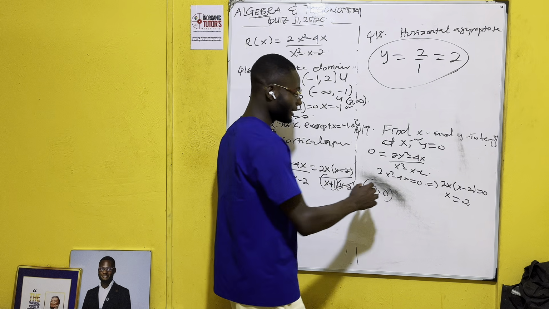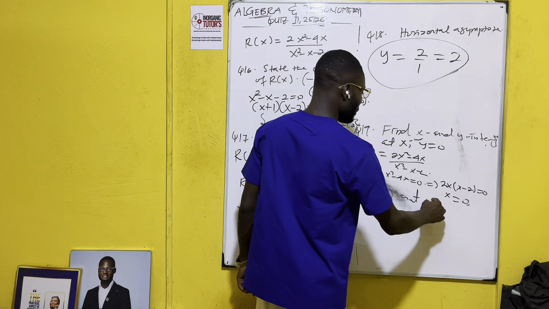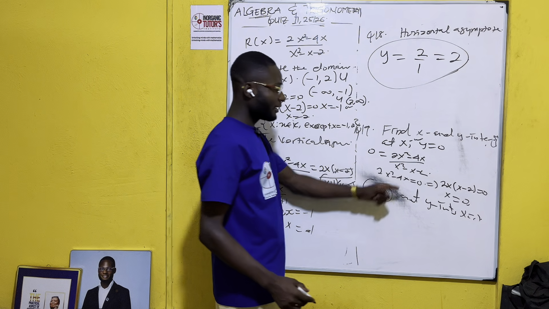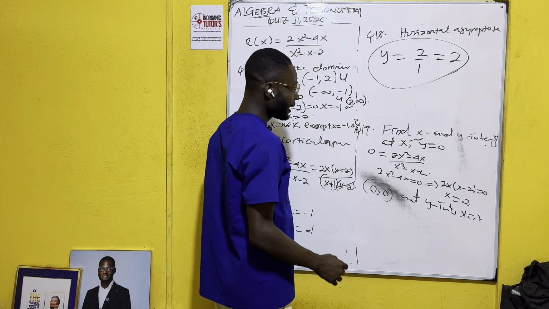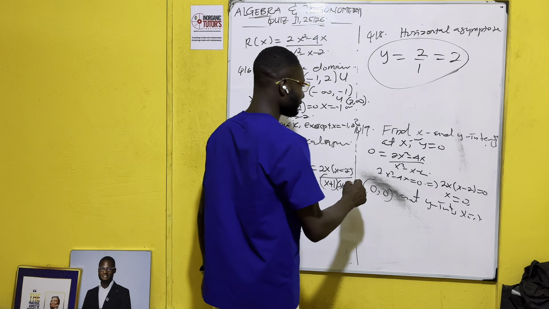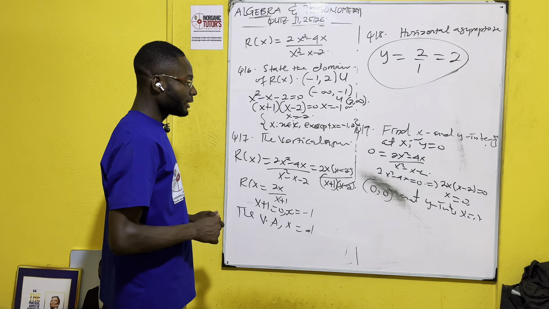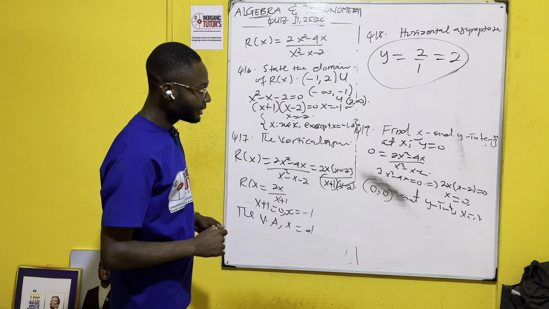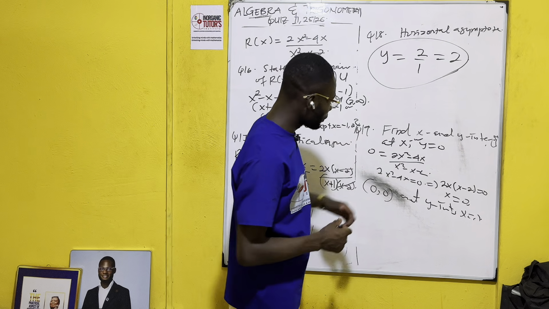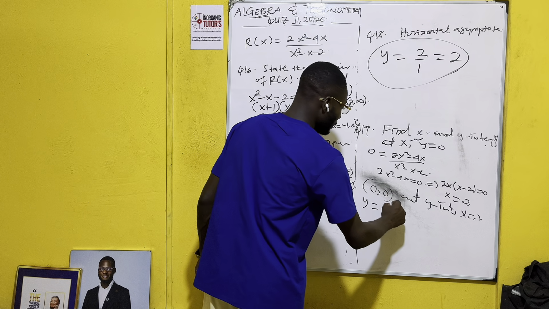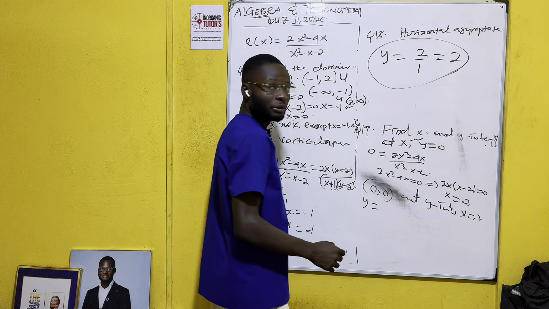Now, at the y-intercept, x is what? 0. So if x is 0, it means that we have to use the factorized form, right? So if x is 0, we are going to have y equal to, everything at the numerator will go to 0.